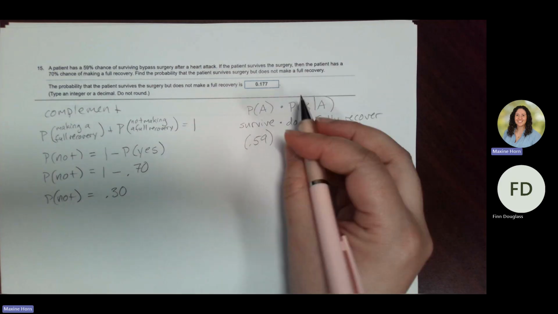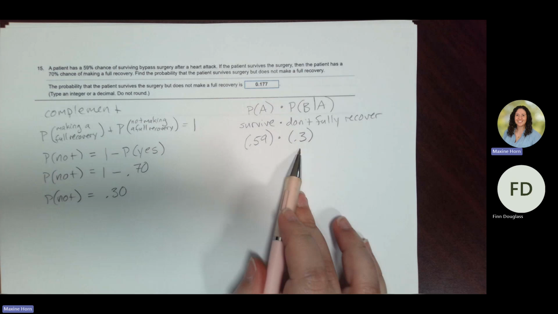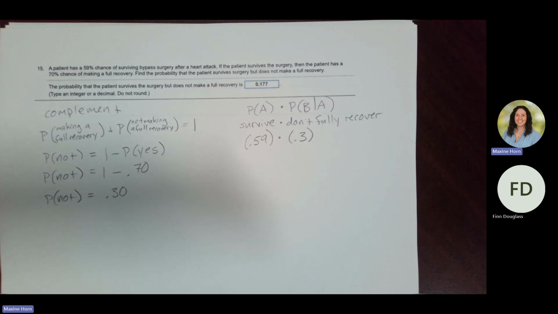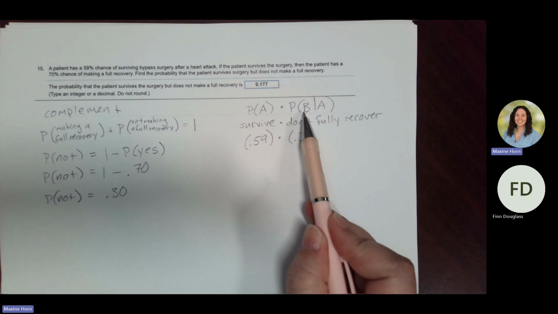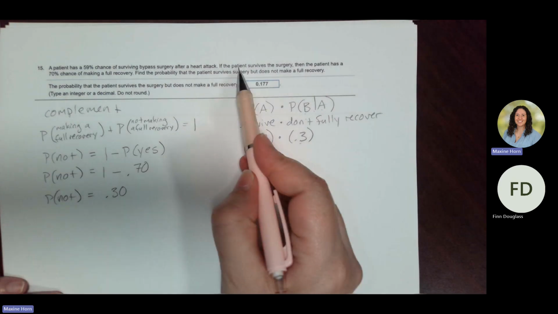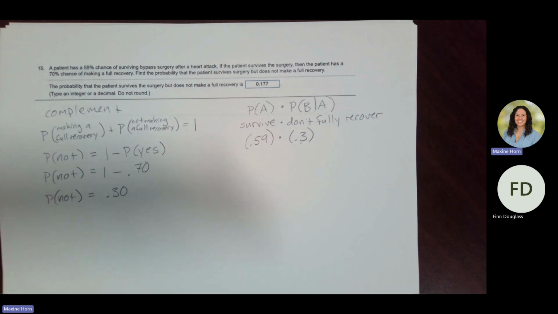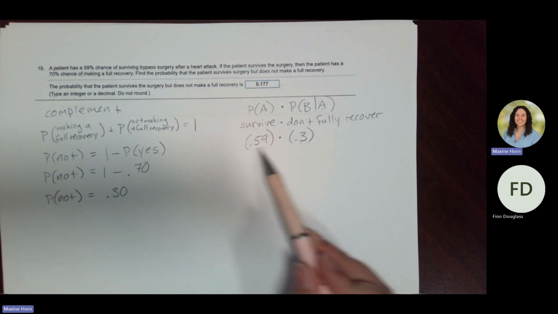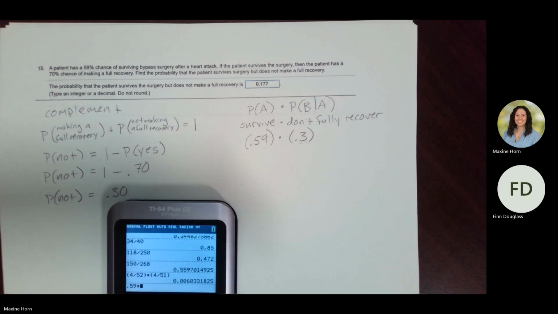So that's the probability that they don't fully recover given that they survive the surgery, because if they survive, there's a 70% chance of making the full recovery. Now we can take these two things, plug them into the calculator, and that's how we get 0.177.